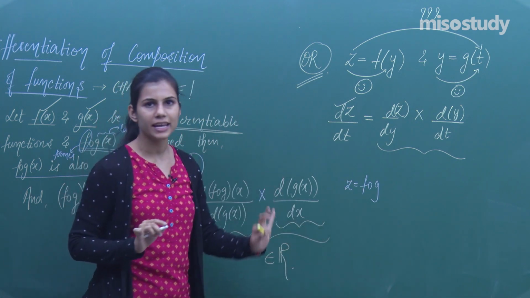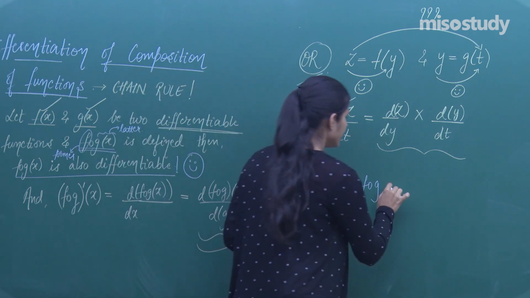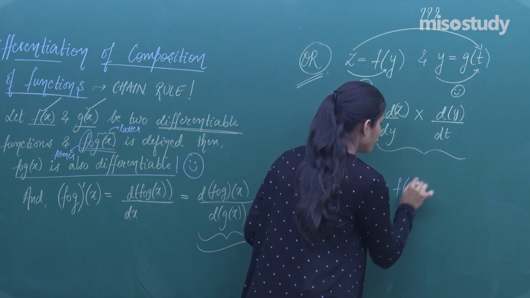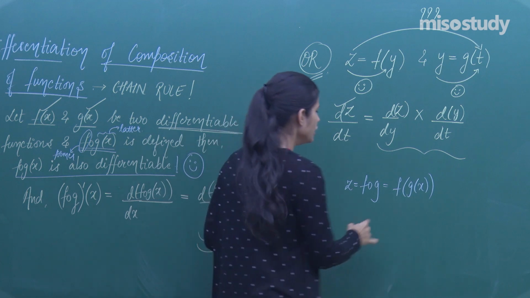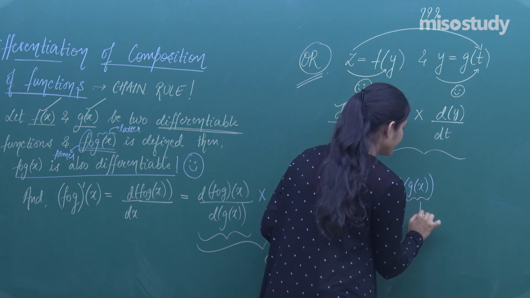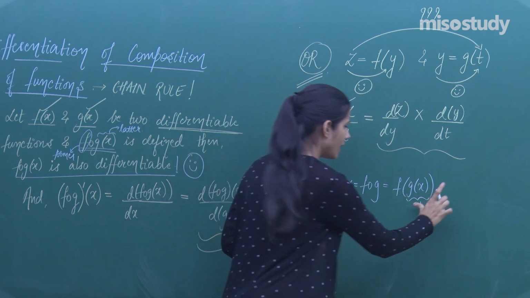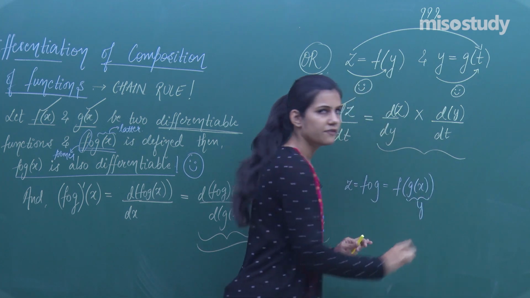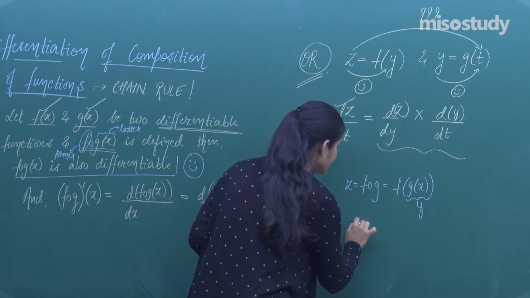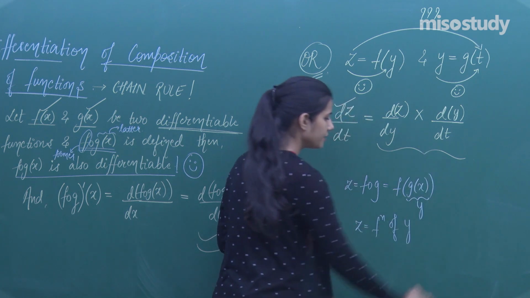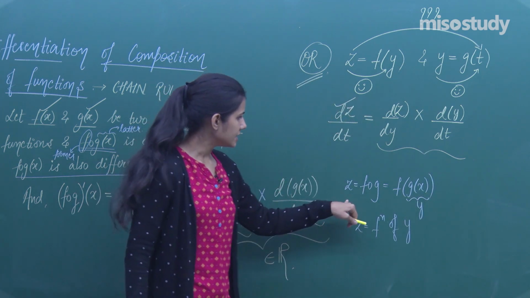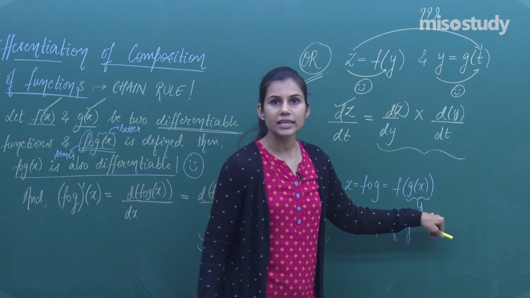Fine, fog is playing the role of z. This can be written as f of g of x, right? F of g of x. So I can say, if I take this g of x as, suppose, y, I can say z is a function of y, isn't it? Z is equal to f of y, g of x is y.